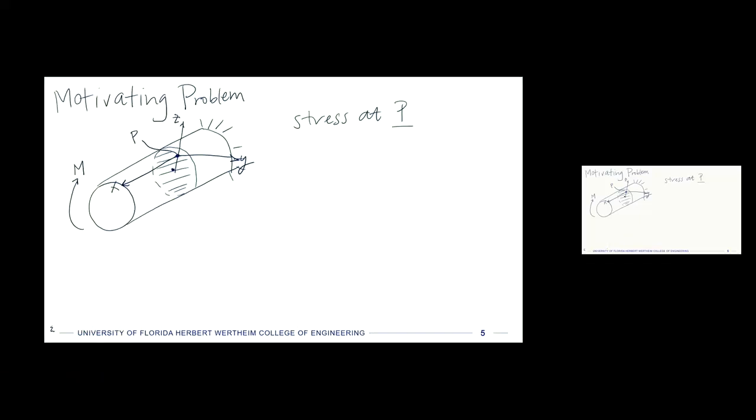The first one is there's internal equilibrium at every point. So you learned this back in statics, right? If I cut this bar, no matter how many pieces I cut it into, every piece has to be in static equilibrium. And so that means at every location inside, we have to have internal equilibrium, right?